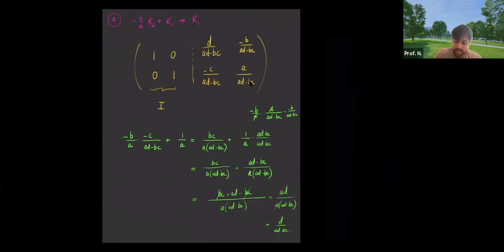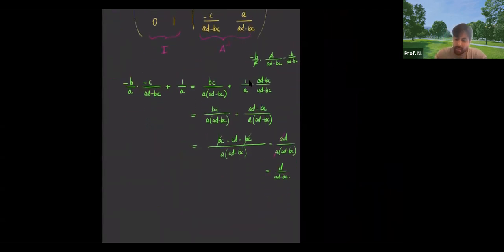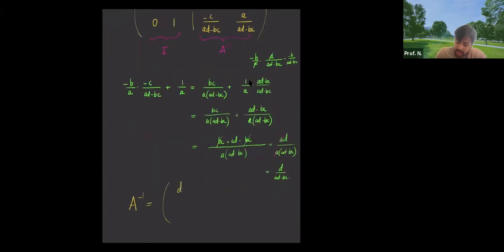And the idea is that I have performed the necessary procedure to figure out the inverse. And this is indeed the inverse, isn't it? Indeed, A inverse is what I have there. D over AD minus BC. This is negative C over AD minus BC.